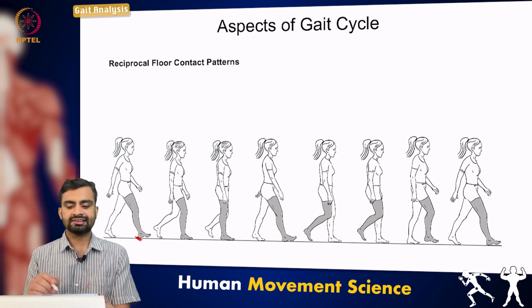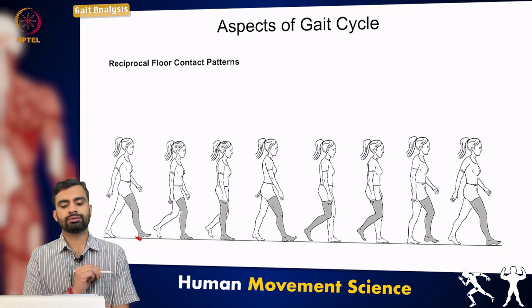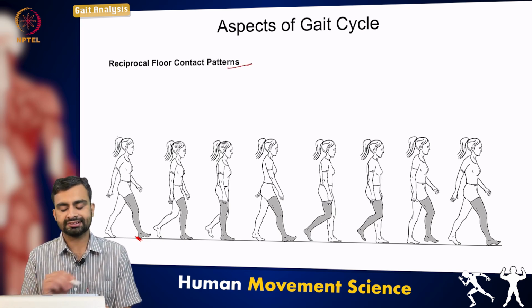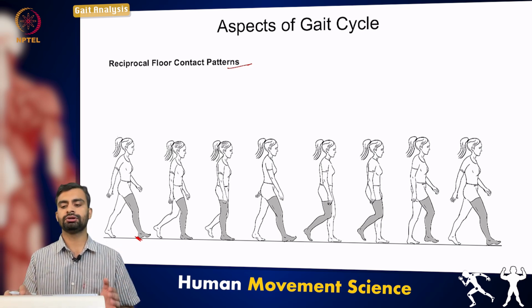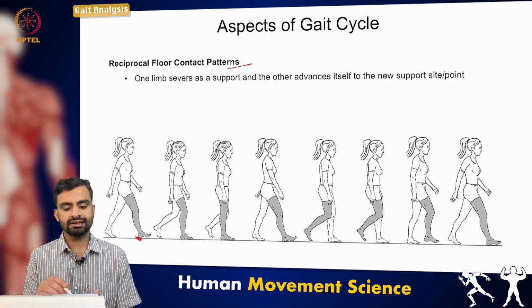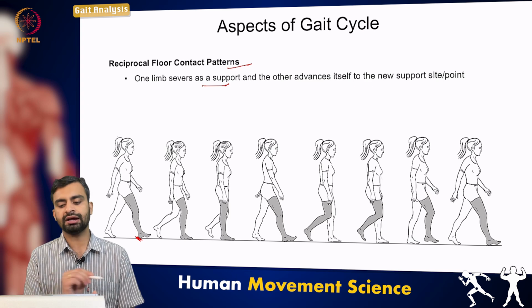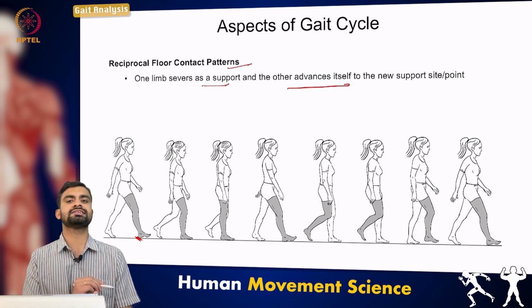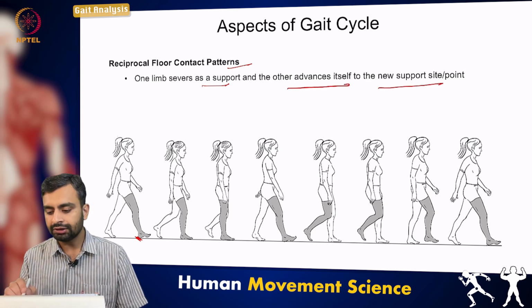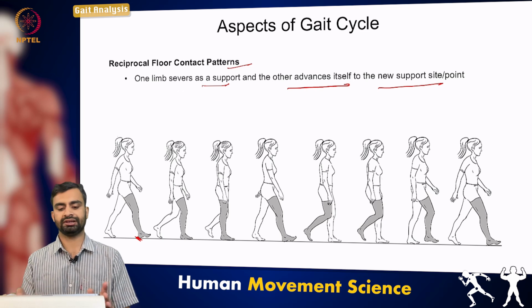So gait cycle is nothing but the reciprocal floor contact pattern of our lower limbs. In this, one limb serves as a support and the other limb advances itself to the new support site or point.